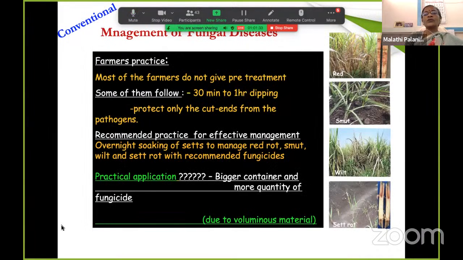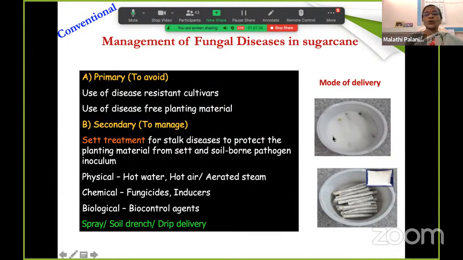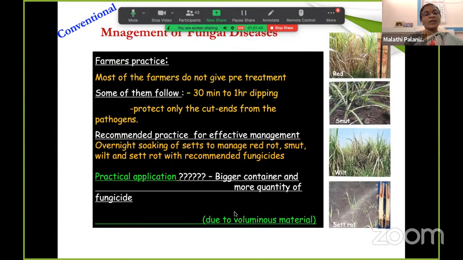Earlier we used to recommend soaking or swabbing with bioagents for the sugarcane seeds. But under field conditions, under farmers' practice, even if you recommend it, the farmers may not go for pre-treatment. Even if they do, they will go for only 30 minutes or less.